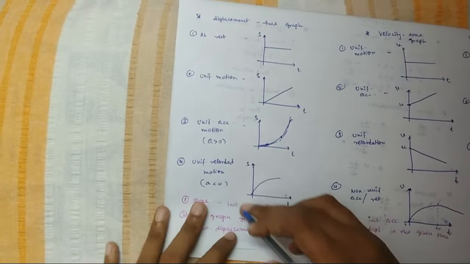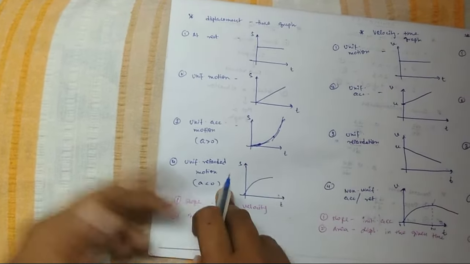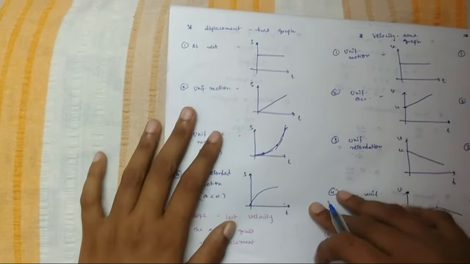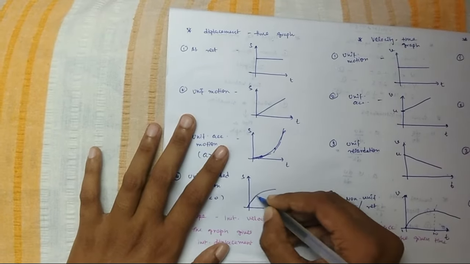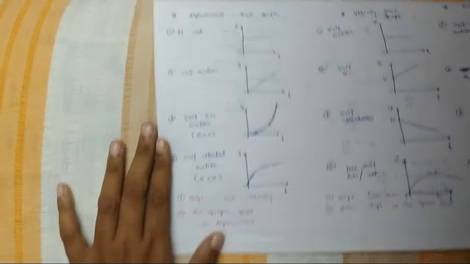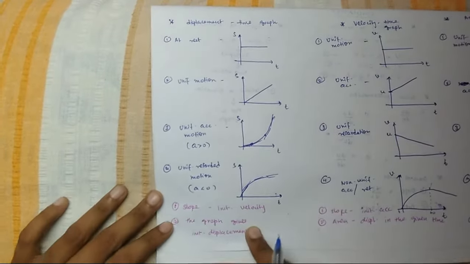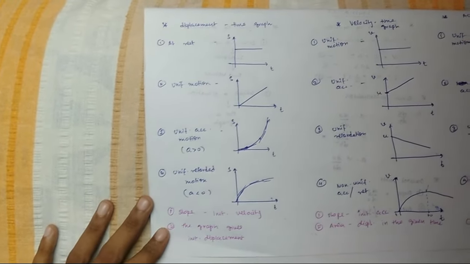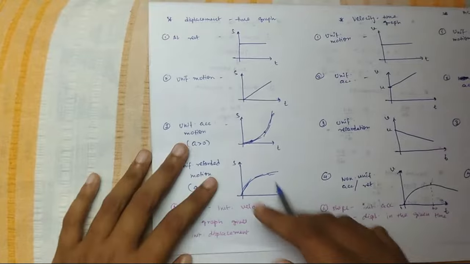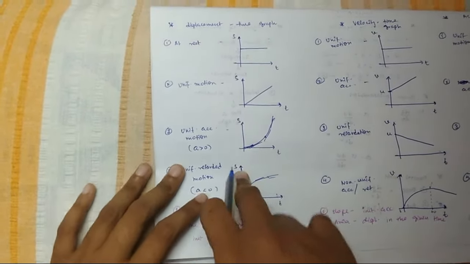Similarly, uniformly retarded motion is when the acceleration is a negative value, that's velocity linearly decreases with time. You can observe the trend with the slope here also. So yes, these 2 points for displacement time graph: slope gives the instantaneous velocity and the graph gives the relationship between instantaneous displacement and time.